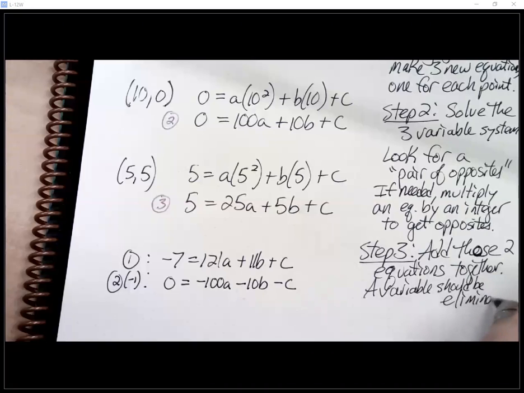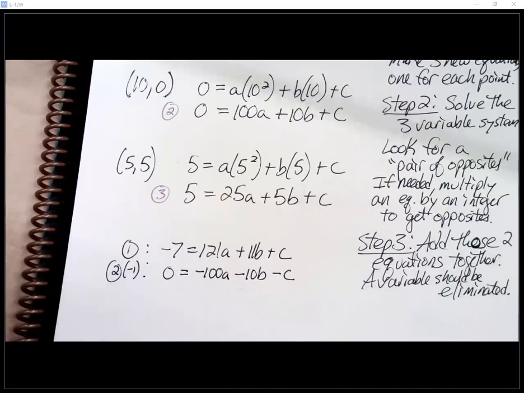If you did it correctly, one of the variables should be eliminated in this step. If you didn't do it correctly, then stop and go back. So I'm literally just going to add them together.